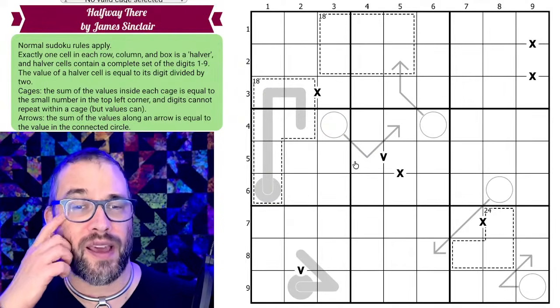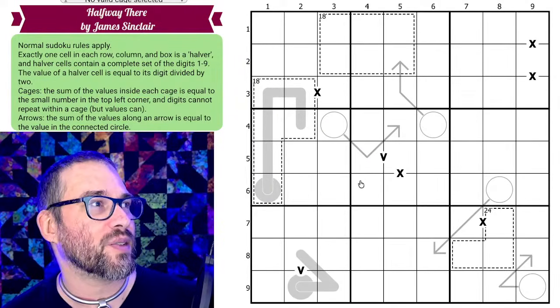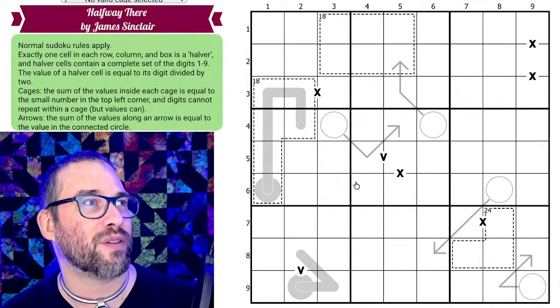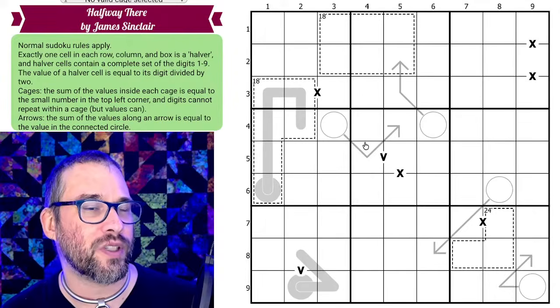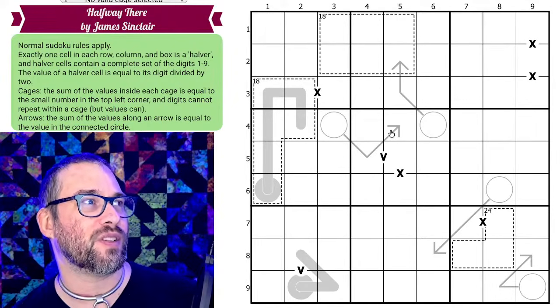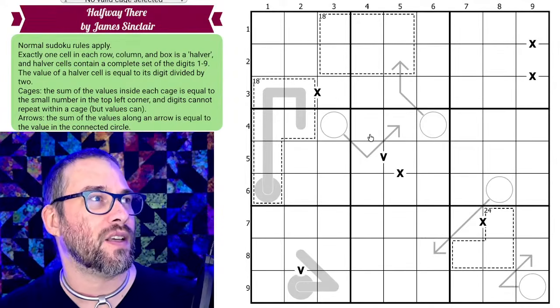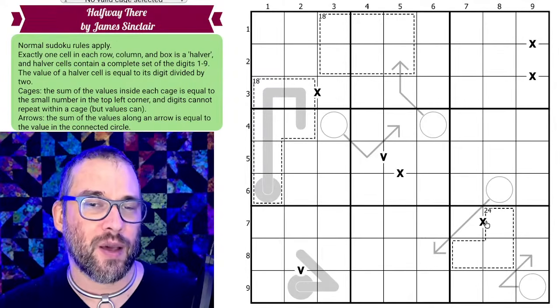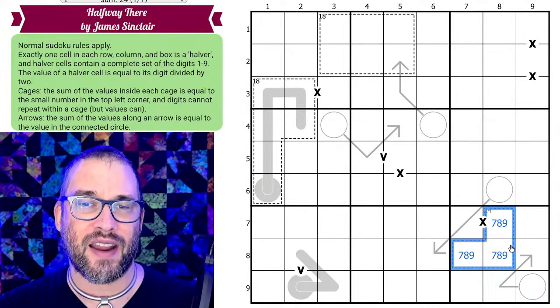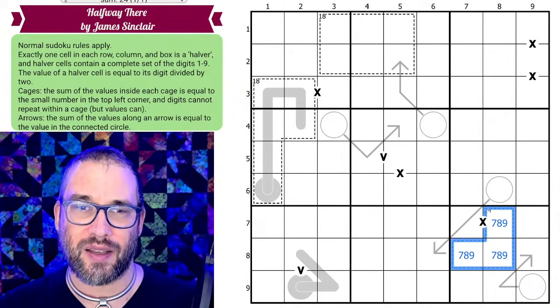And then we have halver cells, where exactly one cell in each row, column, and box is a halver. Each digit 1 to 9 is halved once, and the value of a halver cell is equal to its digit divided by 2. Okay, so I see a couple things right off the bat, is that these have to be 7, 8, 9, and not halved.